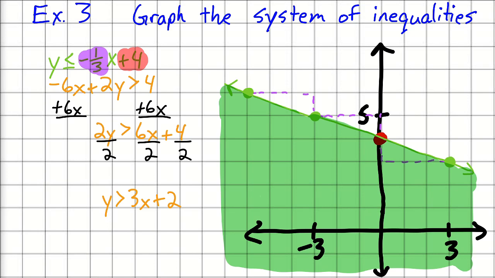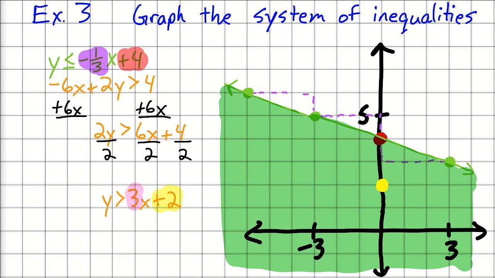All right, so graphing the orange inequality, I'm going to put a yellow point for my y-intercept at 0, 2. So right there. And my slope, let's make my slope this sort of a pink color.